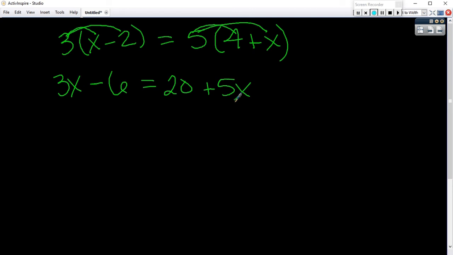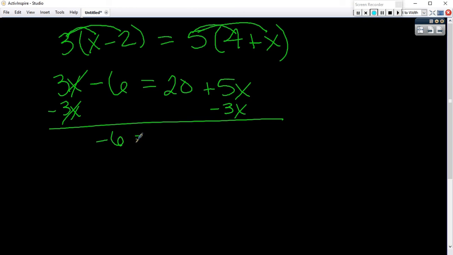I got to get the x's together. Which one should I move? The 3x, because it's smaller. It's the smallest one, right? All right, so minus 3x, minus 3x. These are gone. The left side becomes negative 6.